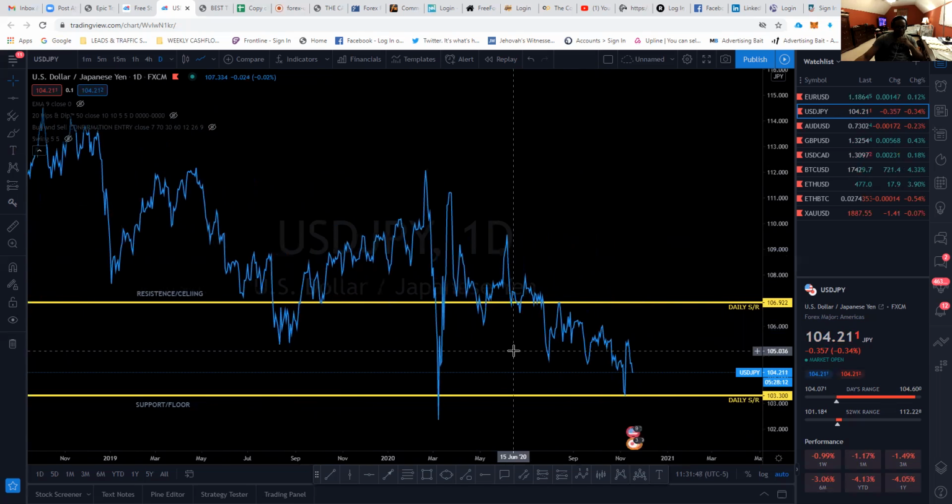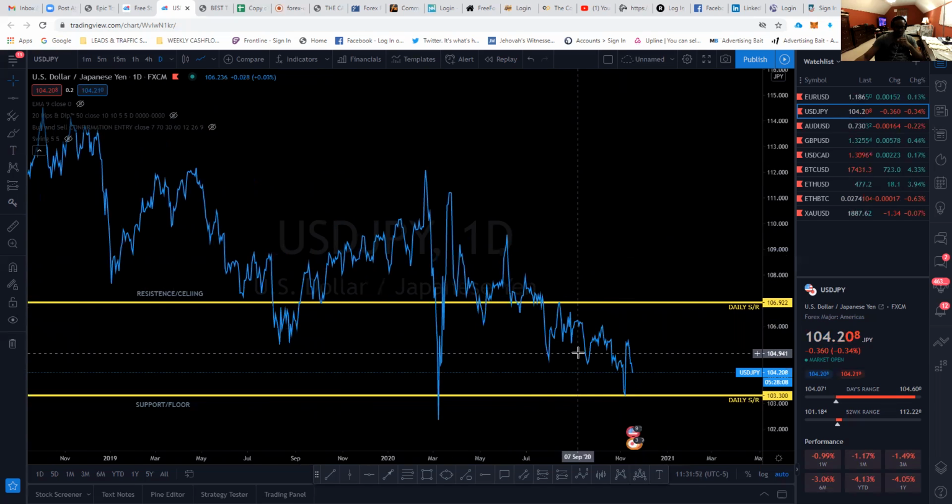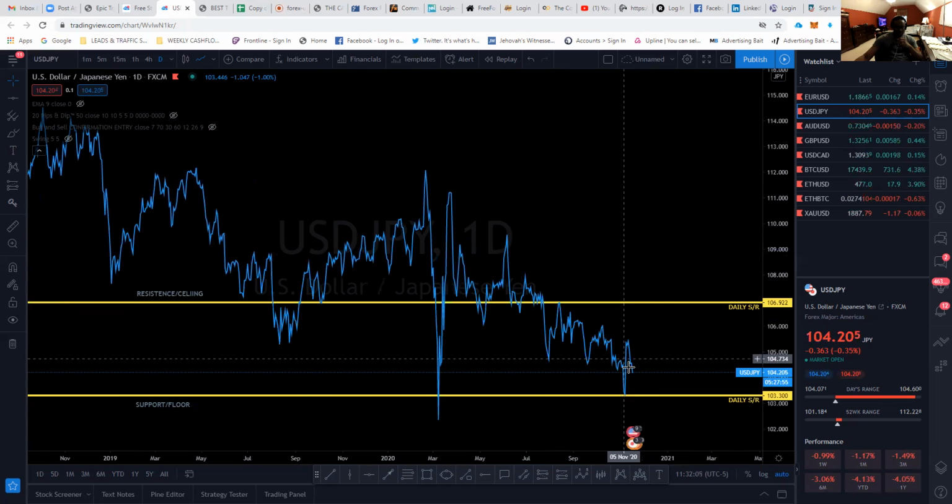So that's why it's good to always create these daily lines, because now you have an idea of exactly where you currently are on the daily time frame. So you can see clearly that it's actually in a downtrend at this point. So we know that. So if you want to trade at the daily time frame, and if you wanted to scalp this, you would have to figure out exactly when to enter in for a scalp.